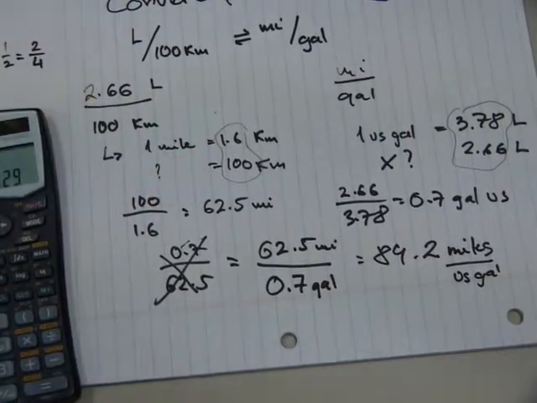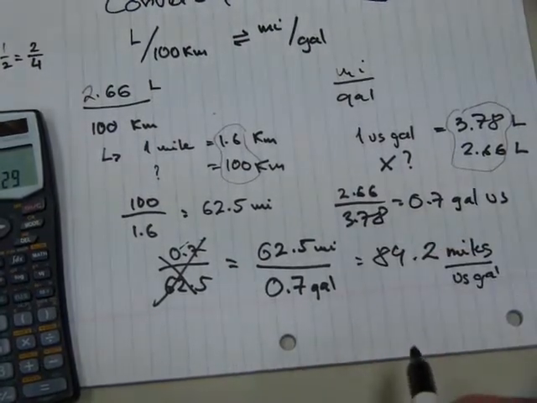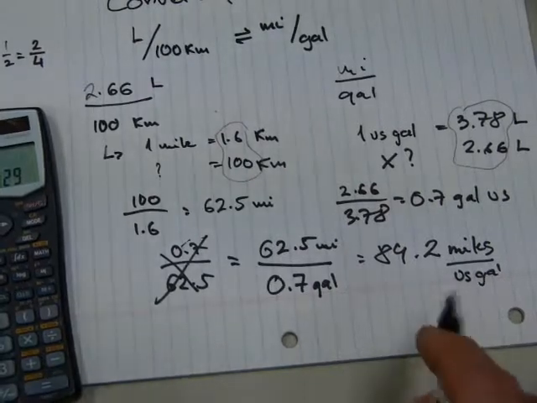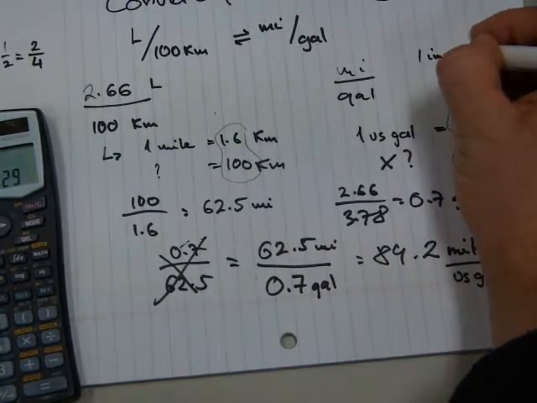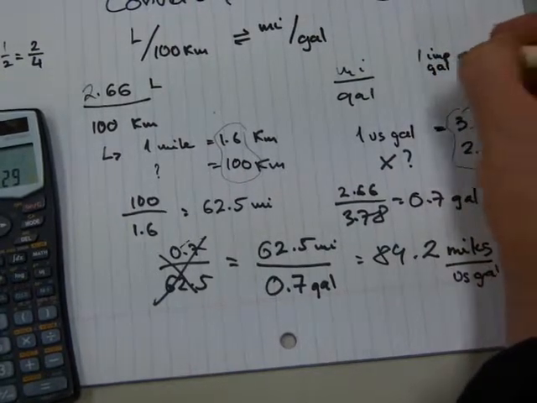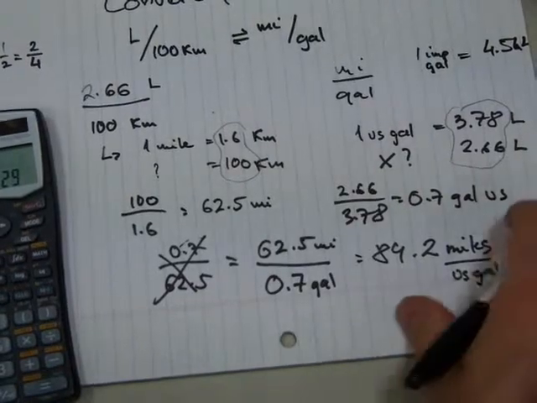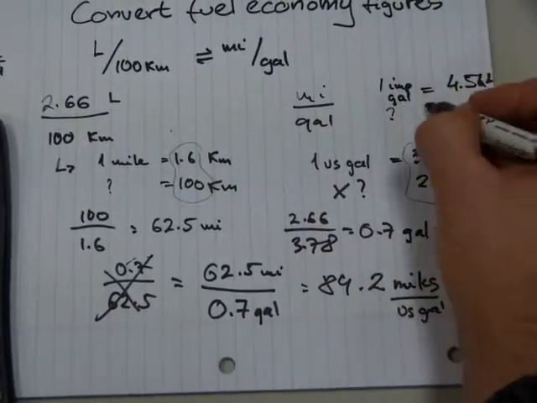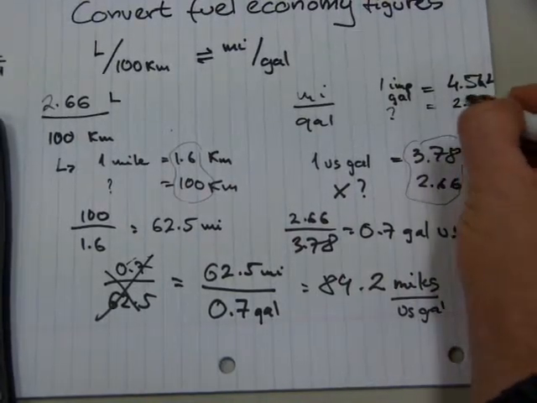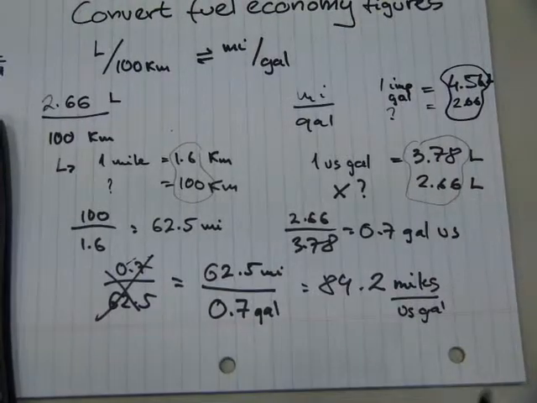If it's not US gallons, if it's Imperial gallons, then this figure here is not 3.78. Instead, 1 Imperial gallon is 4.54 liters. So therefore, this amount here will be different. 2.66 is here, and we still do the division the same way.